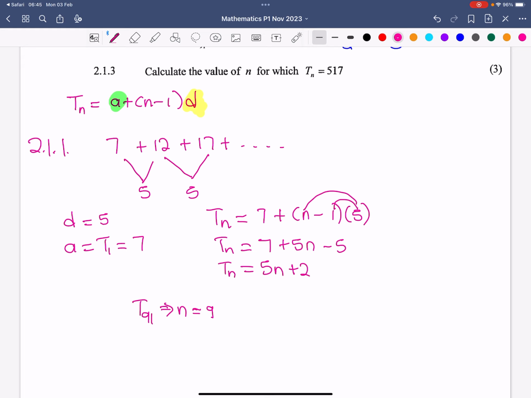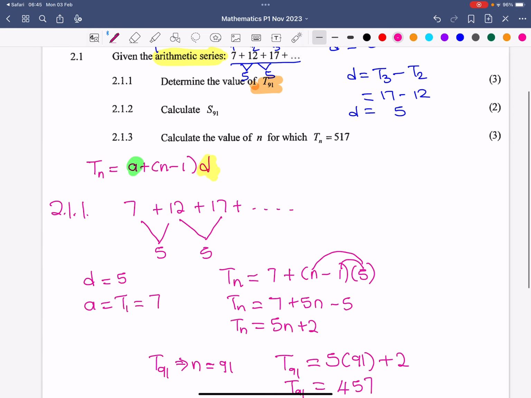So you're going to say T91 from your general formula is going to be 5 times 91 plus 2. And then punch this on your calculator. You will get 457. So T91 is equal to 457. So you have answered the question there.